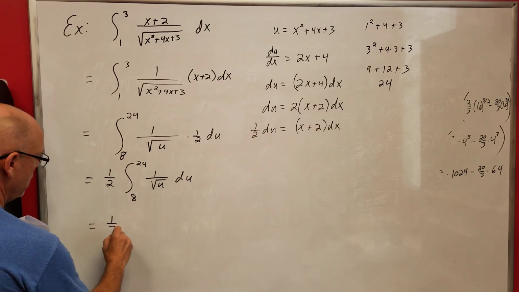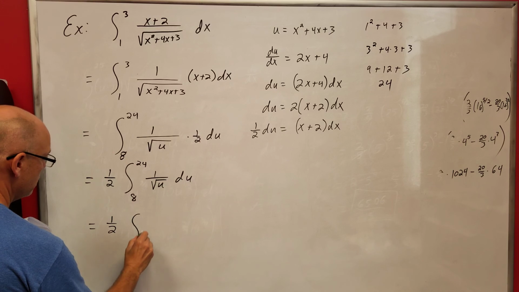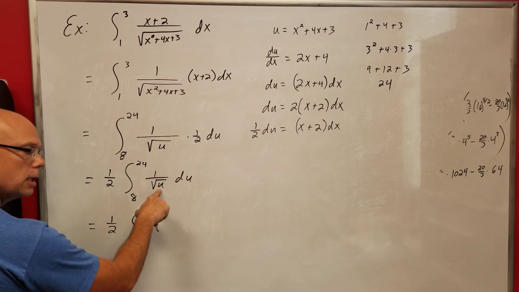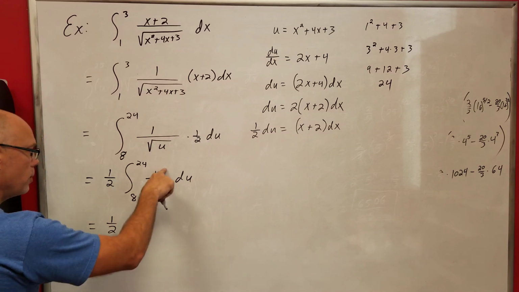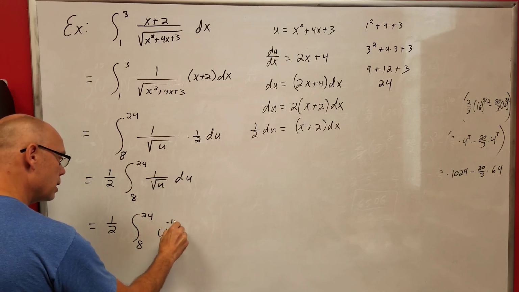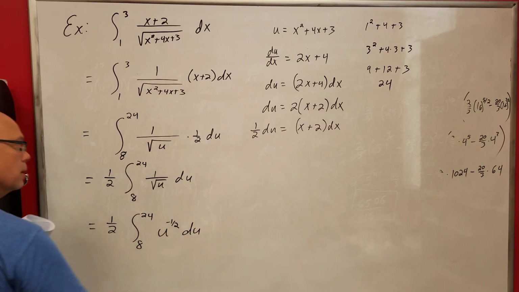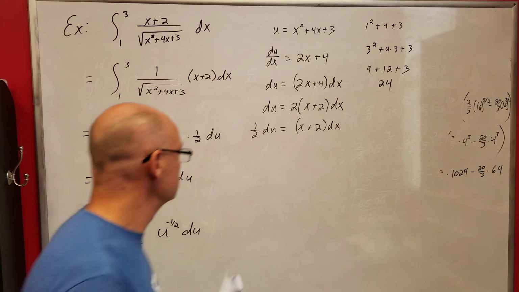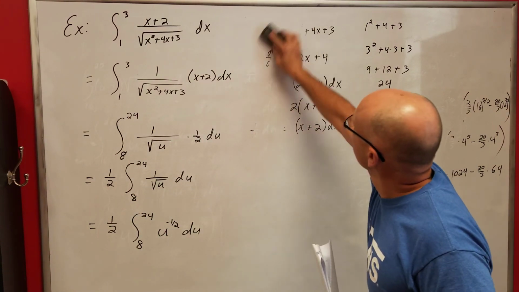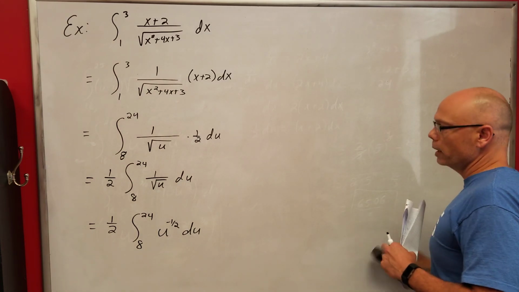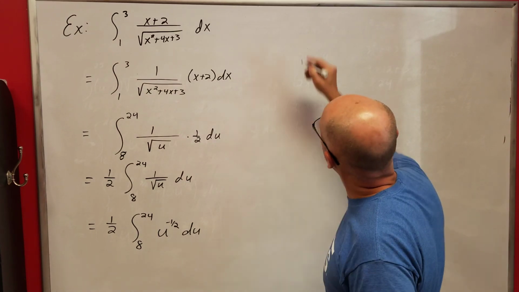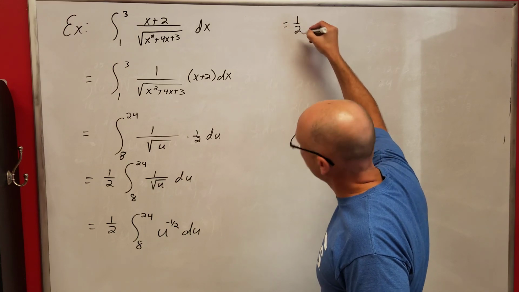All right, so we have the integral from 8 to 24. Isn't this u to the 1/2 at the bottom? So if I bring it up top, it's really u to the negative 1/2 du. Well, let's go ahead and evaluate. I have 1/2 out front.